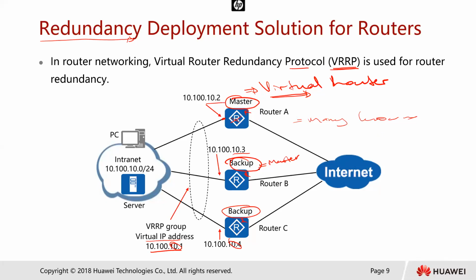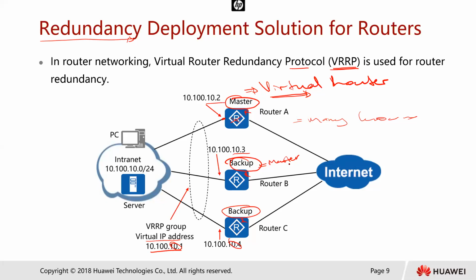If they receive the hello packet, they will know, oh, our master router is still up and running, and okay, we can wait. We shouldn't take over his position. He's still the president. He's still in charge. He's still doing his duties as he's supposed to do.